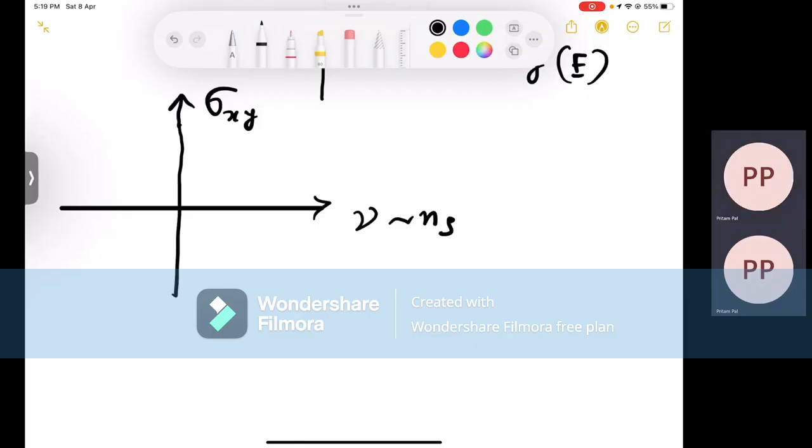Minus 2 to 2 will have the plateau, right? So it will be like this in the conducting region. One second, I'll draw it better.